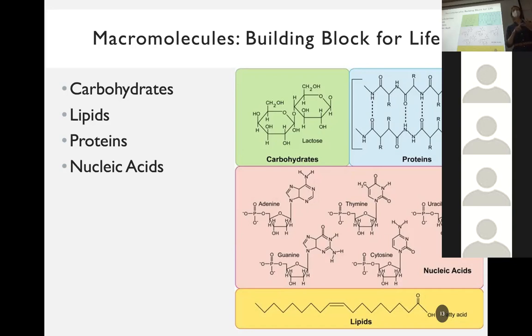We'll talk about lipids, which are basically fats, oil and butter and all that good stuff. Those are lipids. Proteins. Everyone's pretty familiar with proteins. And then nucleic acids. Those are probably ones that you're less familiar with, but that's our DNA. DNA is a nucleic acid.